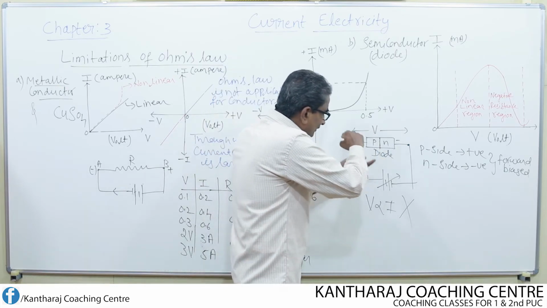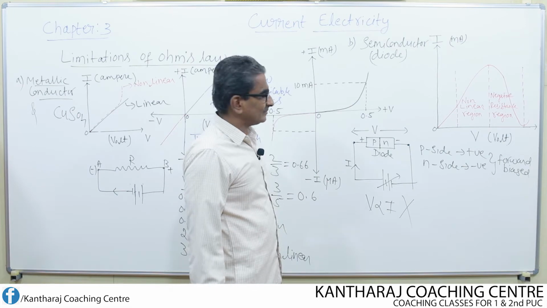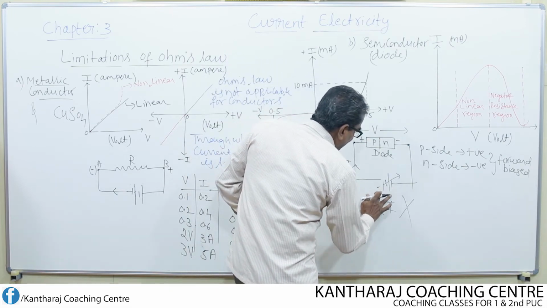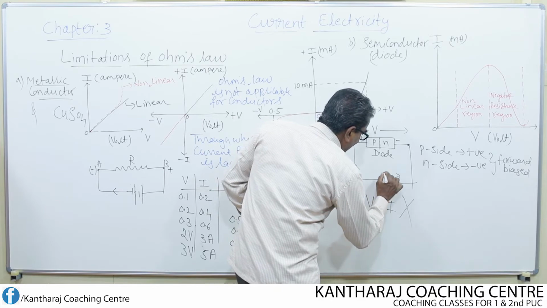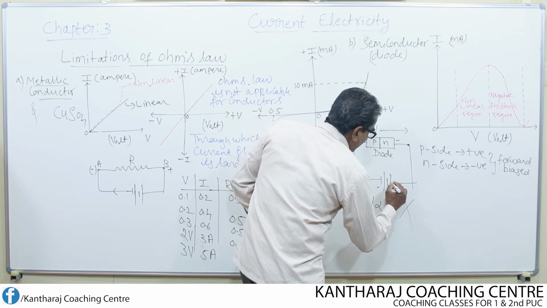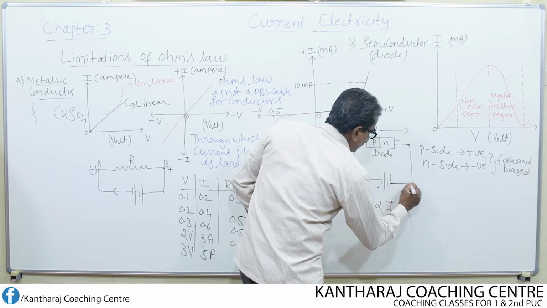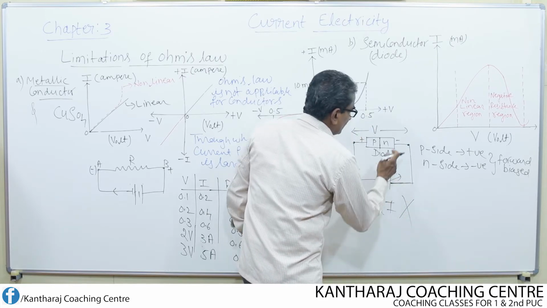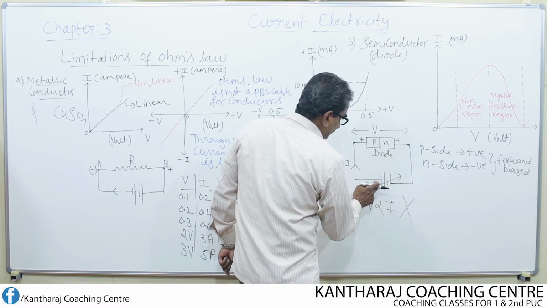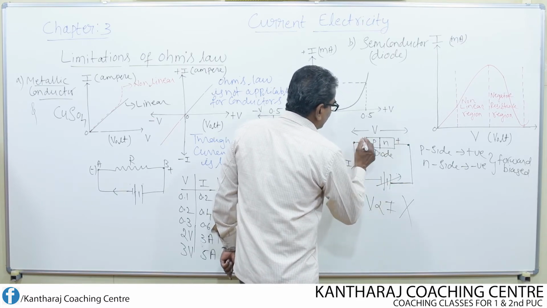Now, if you reverse the polarity, that means I connect the P side to the negative of the battery and the N side to the positive of the battery, or to the power source. So this is connected to positive and this P side is connected to negative.